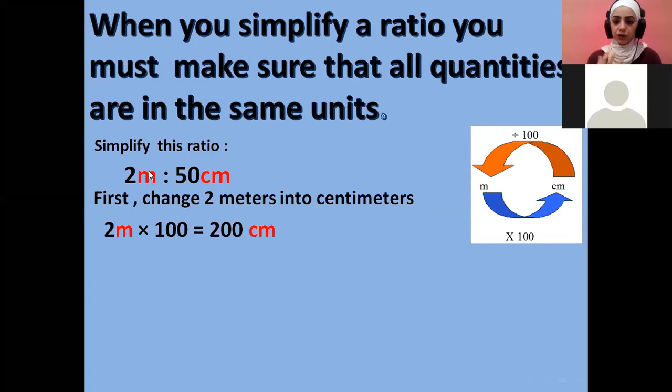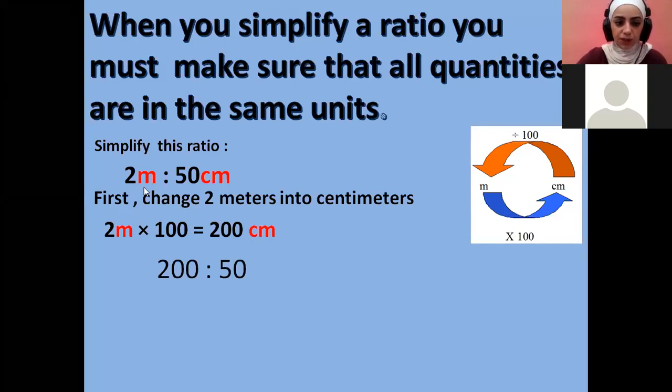I prefer to go with changing the larger unit to the smaller one because dealing with multiplication is sometimes easier than division. So the larger one is meters. It's 2 meters. To change meters to centimeters, we multiply by 100. So 2 times 100 is 200 centimeters. We're going to write our new ratio.